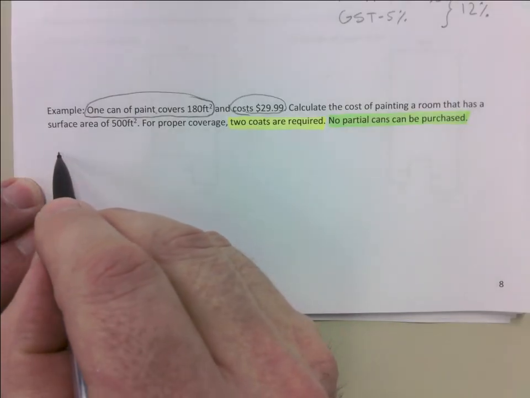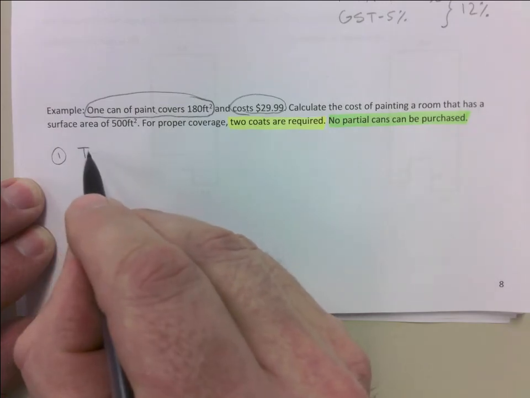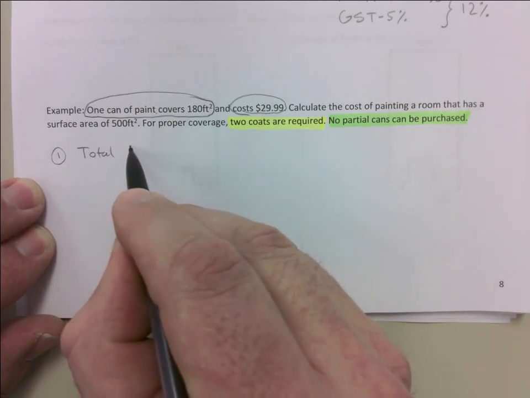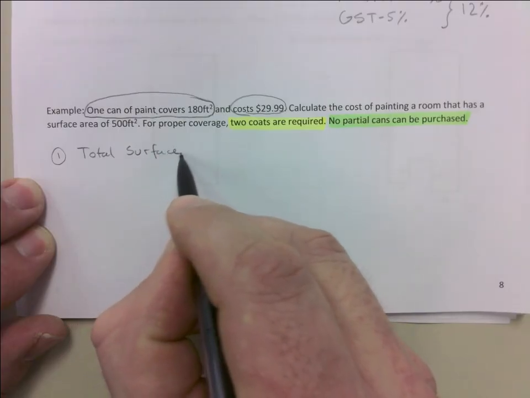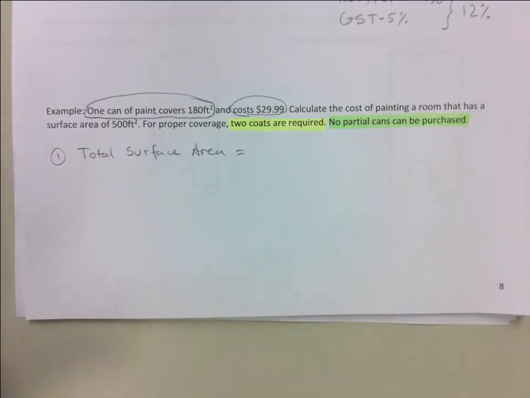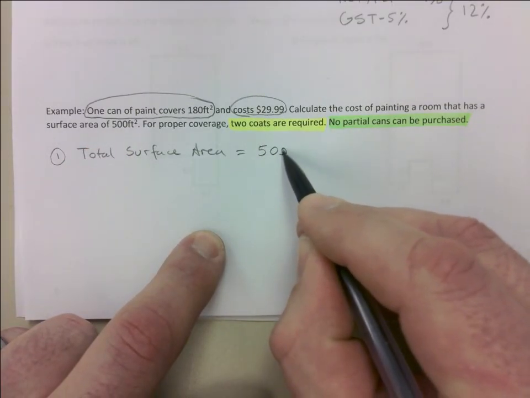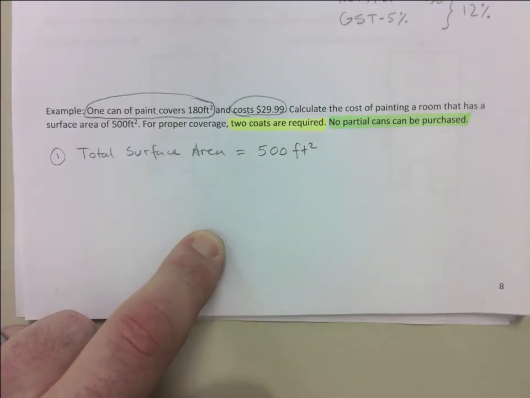So the first step is total surface area to be painted. Partially, this work has already been done for you. It's 500 square feet. But how many times are you painting that room? 2 times.